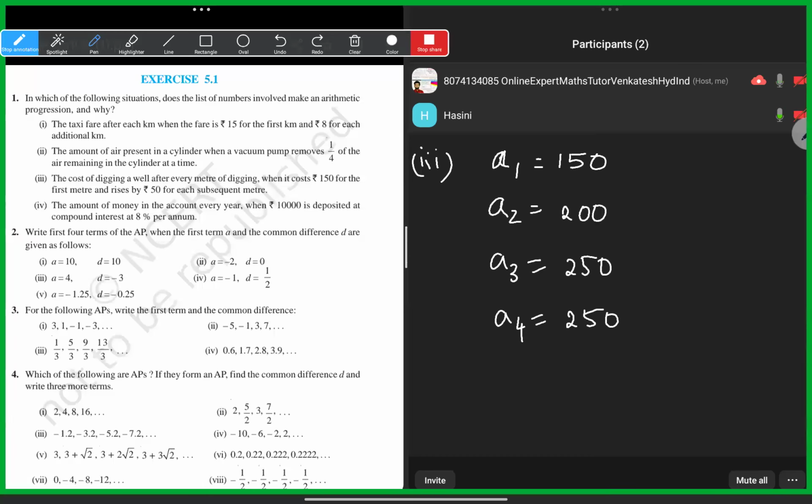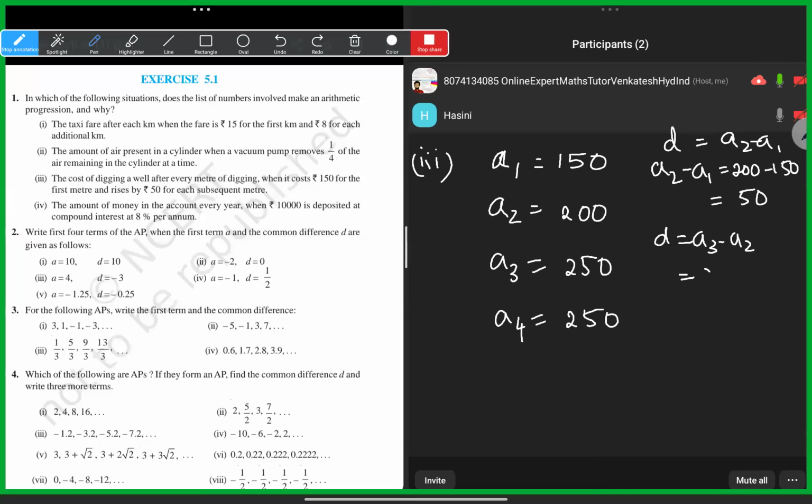Now we'll check whether this follows AP or not. I found values till the 4th meter. A2 minus A1 is 200 minus 150, so the common difference D is 50.